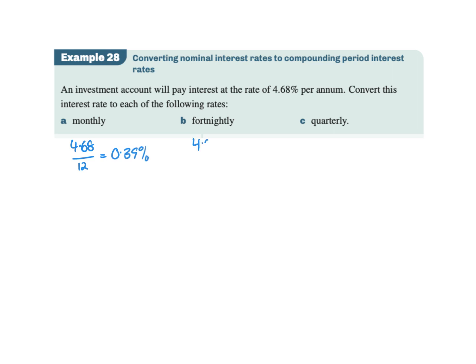If it's fortnightly, divide by 26, and you just give the percentage. If it's quarterly, divide by 4. That's all you have to do, and you will get questions like that. They might ask what's the monthly rate, what's the fortnightly. You just take the nominal per annum rate and divide it by whatever PPY they're talking about.